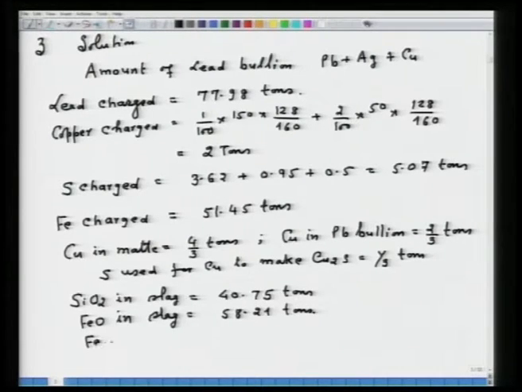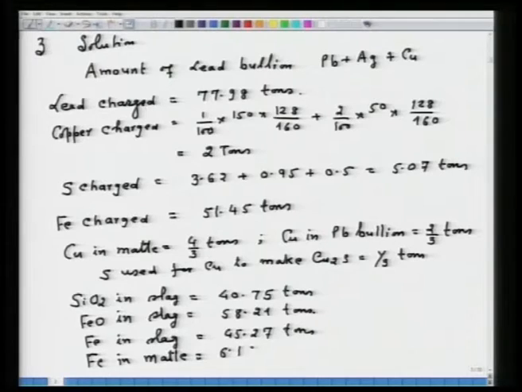So, Fe in slag is equal to 45.27 tons. Now, why am I doing this? Because first of all I must know how much iron is entering into the mat, then I can calculate. So, iron in slag I know. Now, iron in mat I can calculate. So, iron in mat will be equal to 6.18 tons.